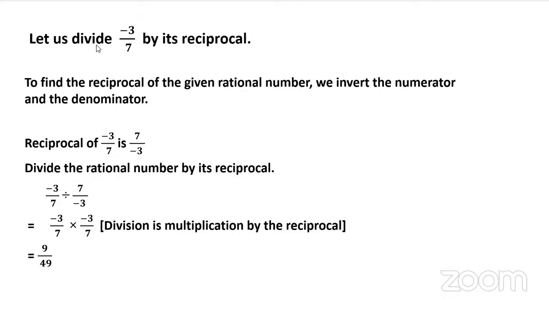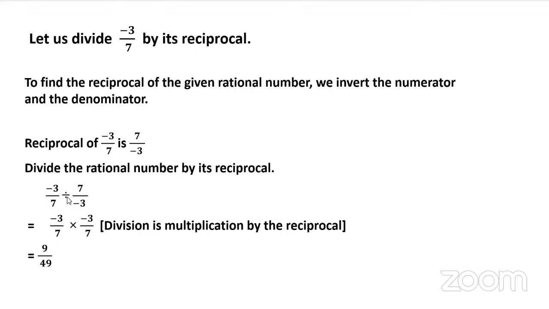Now the question is to divide minus 3 by 7 by its reciprocal. So let us divide the rational number by its reciprocal.